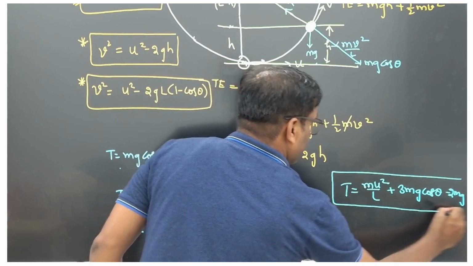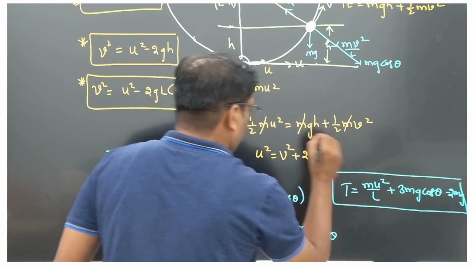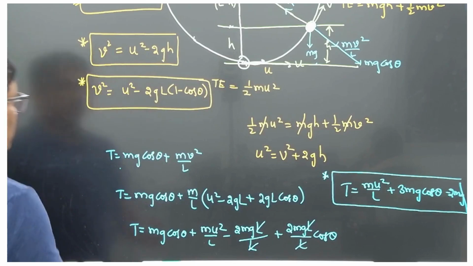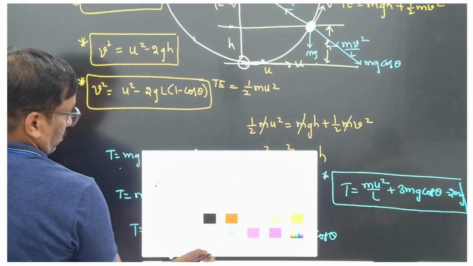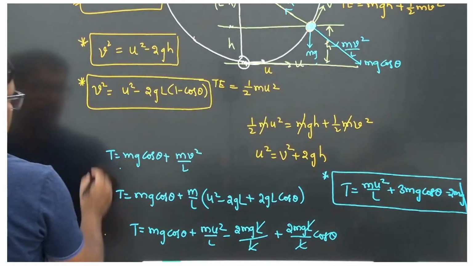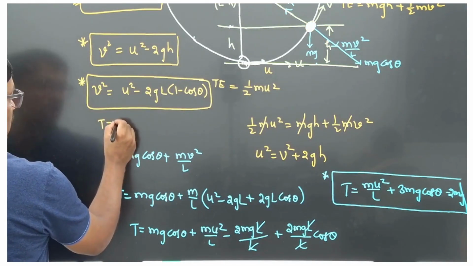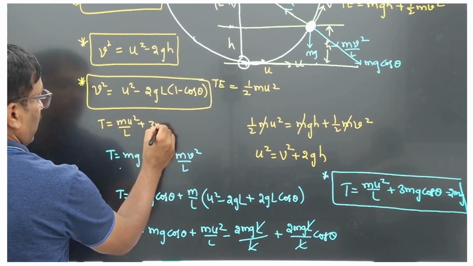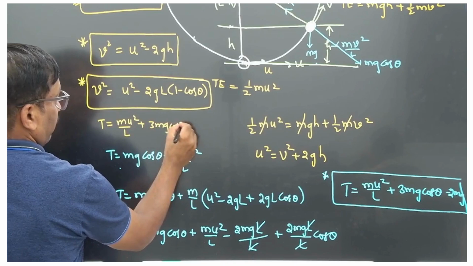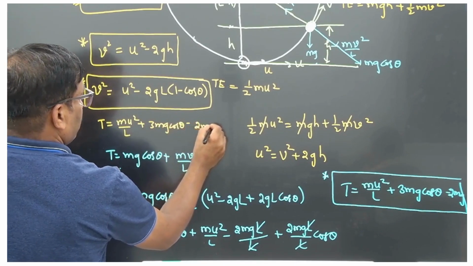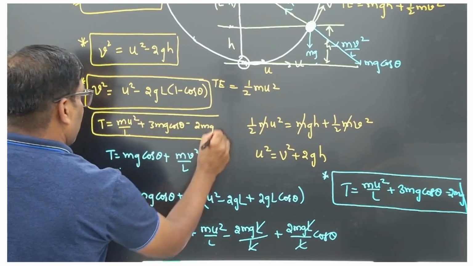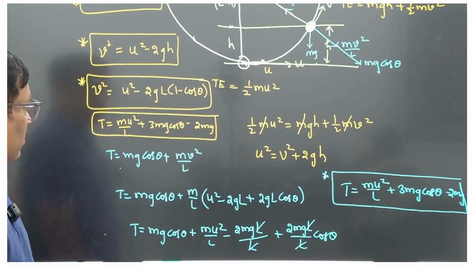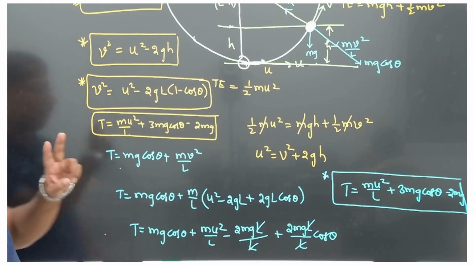This will be the tension in vertical circular motion, a very important formula. Tension is equals to mu square by L plus 3mg cos theta minus 2mg. I am telling you, if you want to study vertical circular motion, three formulas are important.